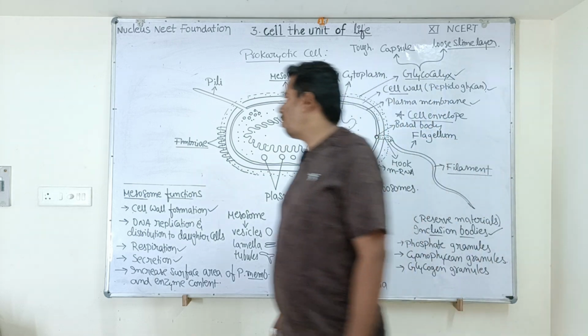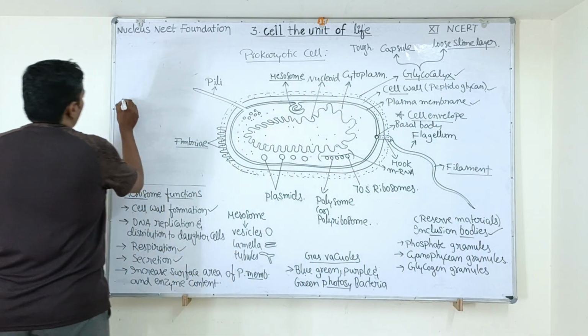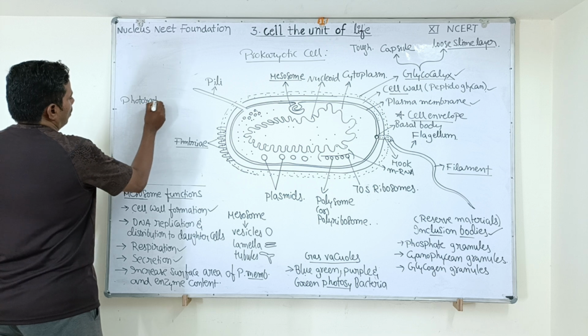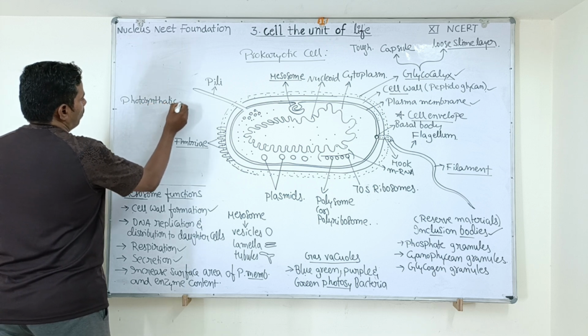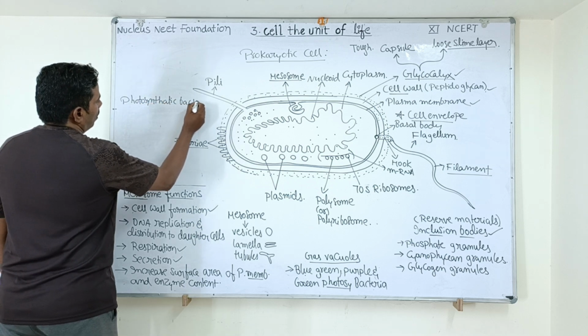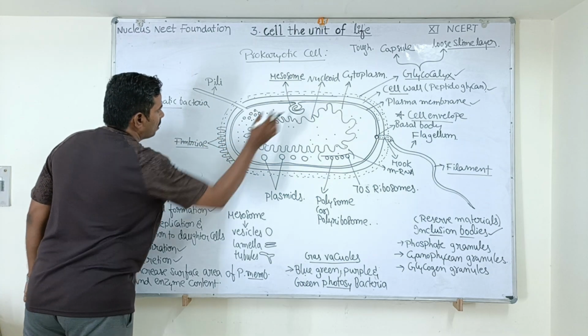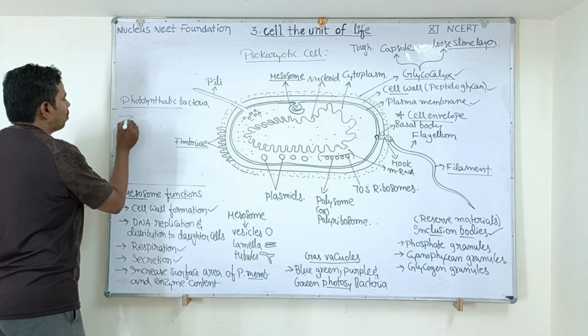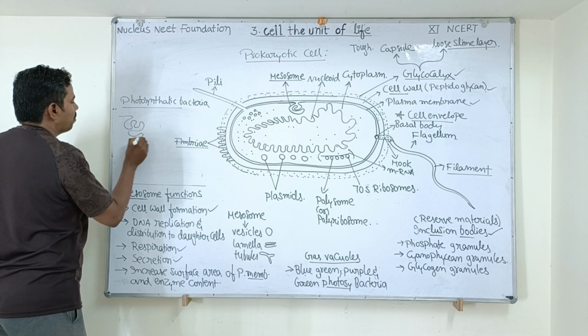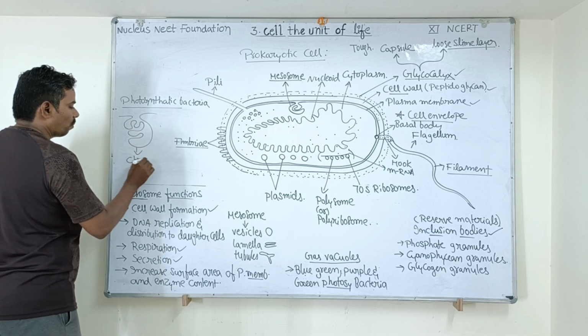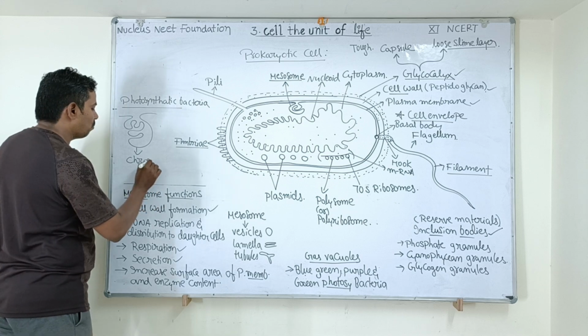In photosynthetic bacteria, there is a very important structure resembling the mesosome. Just like a mesosome, an infolding of the plasma membrane, there is a structure called chromatophore.